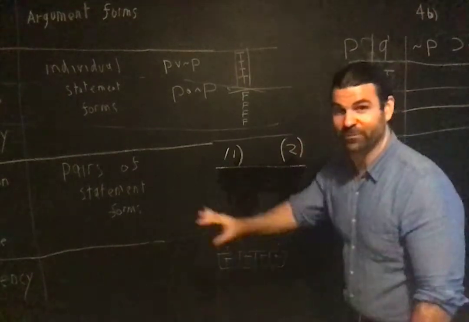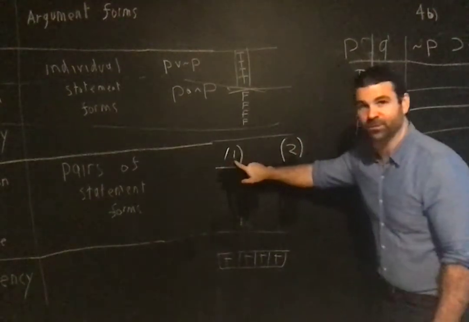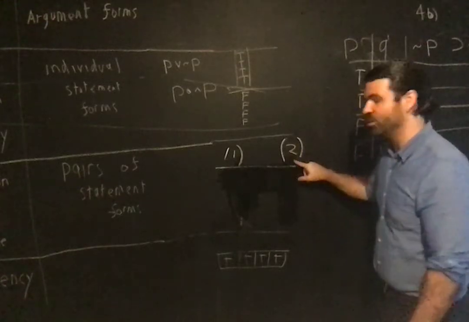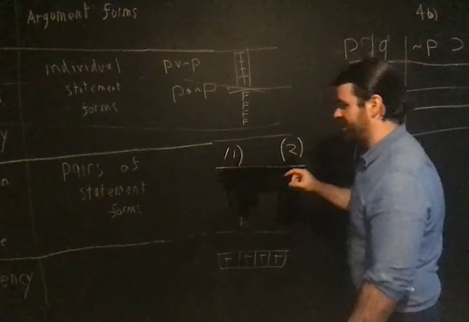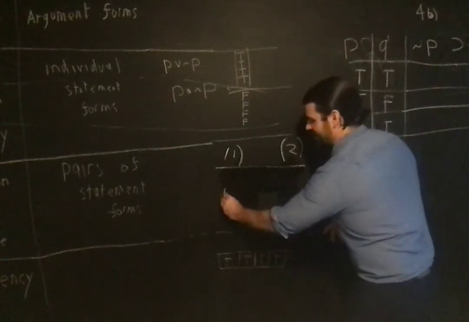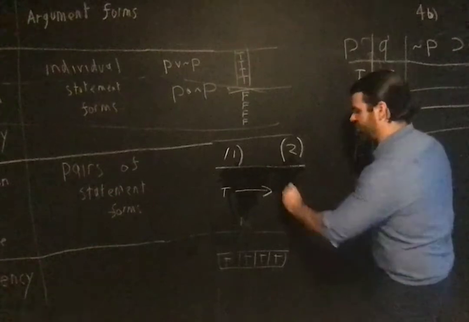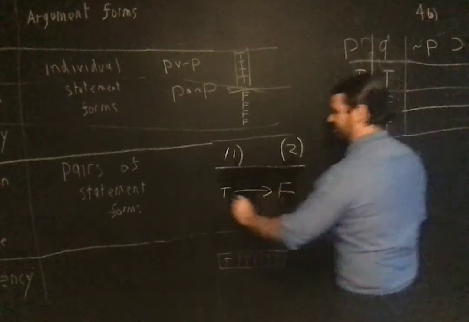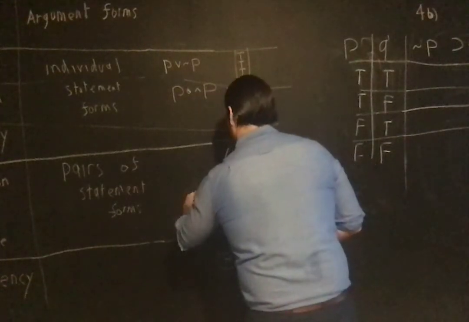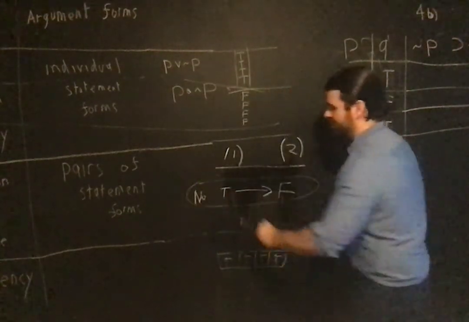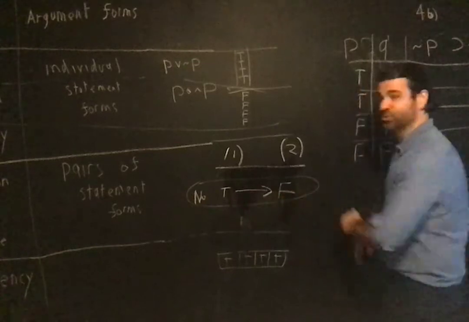So this is the hardest notion. Formula 1 does imply 2 when you don't have any rows where the first one is true and the second one is false. So the image you want to have says no true going to false.